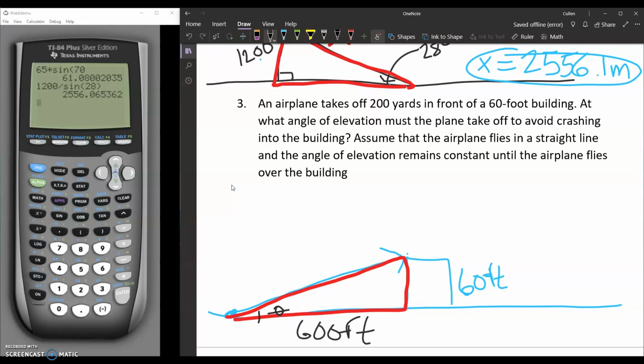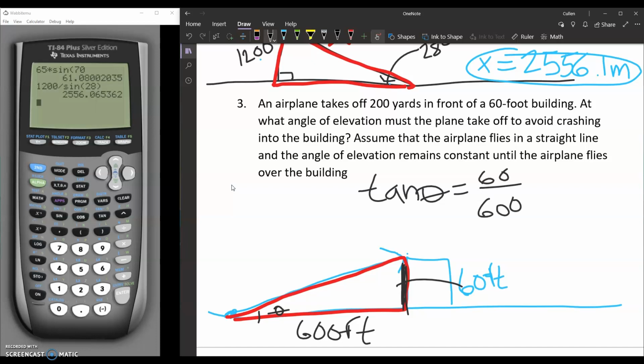Okay, and then this is a tangent problem, right? Because this distance right here, up and down, is also 60 feet. So what we're going to do is we're going to do tangent of theta, and we're going to end up doing inverse tangent here in just a second. The opposite is 60. You want to divide that by the adjacent, which is 600.